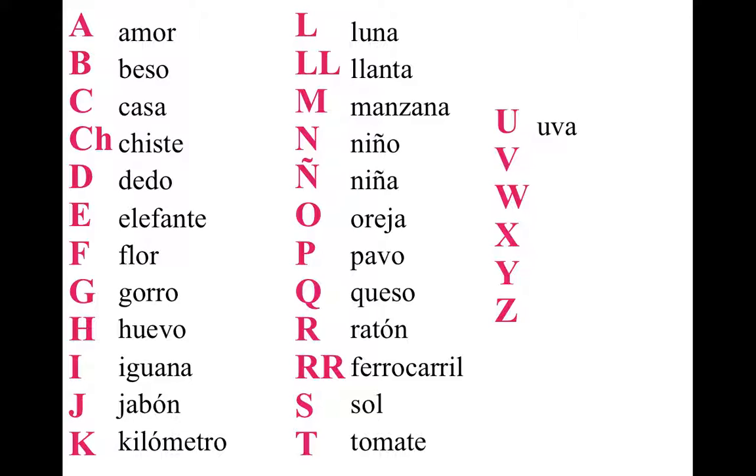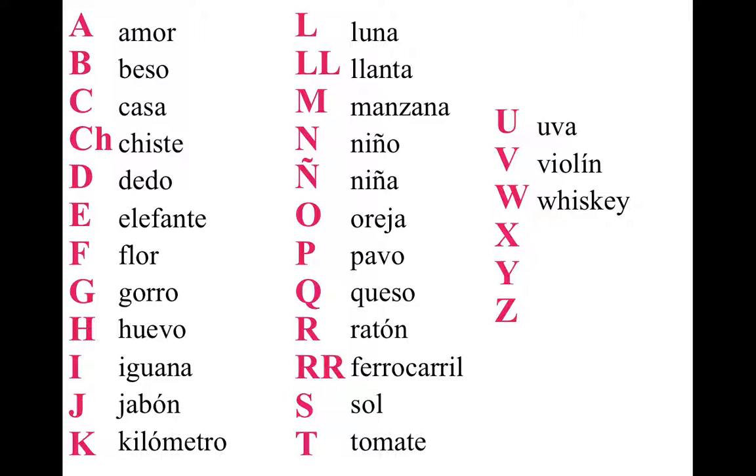Uva is a grape. Violín is a violin. W, whiskey. That's an English word. Actually, in Spanish, we do not have a W. We usually use GU together, and that makes a W sound, which means all the words that you'll see in Spanish that have a W in them are usually English words, like whiskey or waffle.